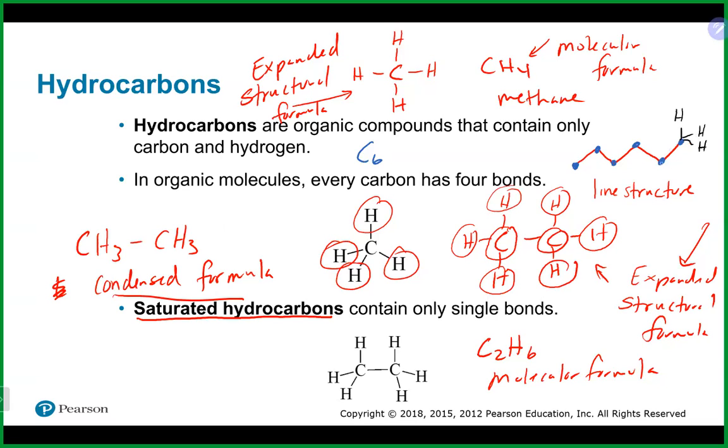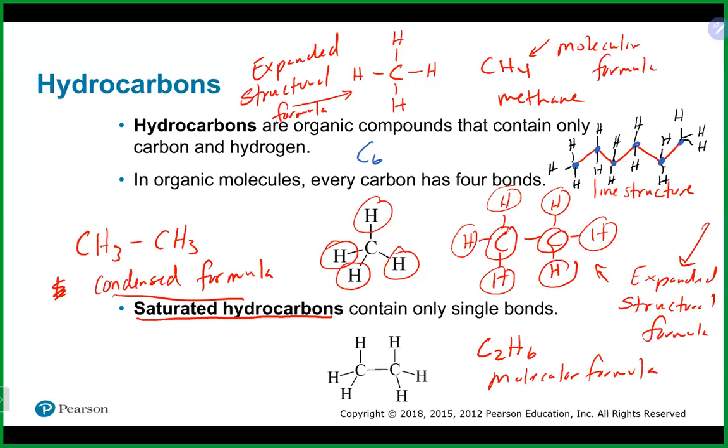The carbon next to it has 2 lines coming in, which means in order to get the 4 bonds, there technically are 2 hydrogens there. Same thing here, 2 hydrogens here, 2 hydrogens here, 2 hydrogens here, and at the end, only 1 line coming in, which means there are technically 3 hydrogens at each of those spots.